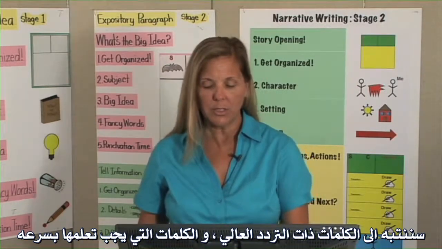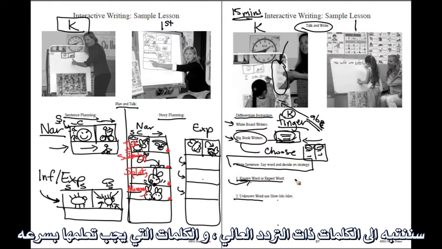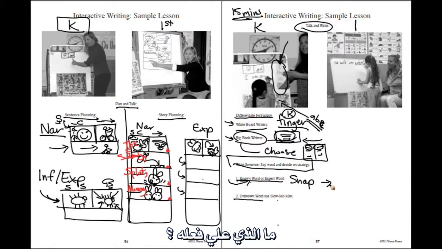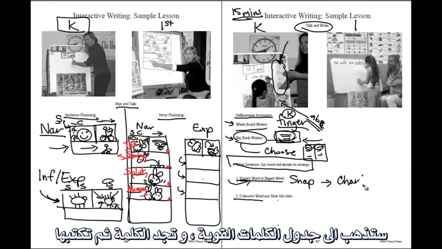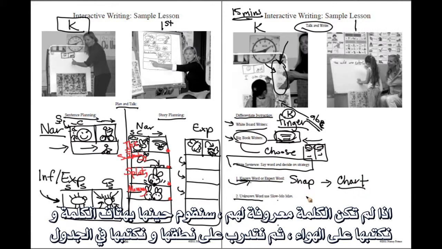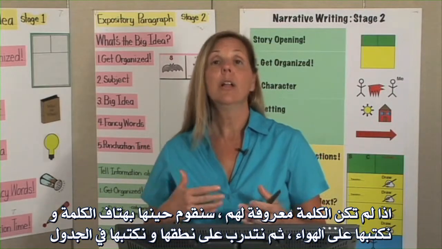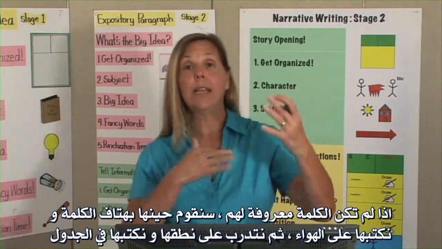We're going to look at high frequency words. Those are words that we need to write as fast as a snap. You're going to go to the chart, the high frequency word chart, the as fast as snap chart, find the word and then write it down. If you don't know that word, then we're going to chant it out, write it into the air.